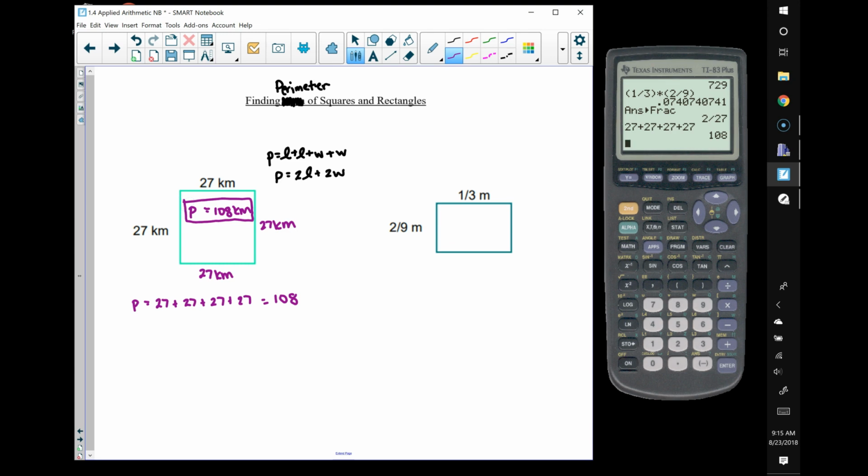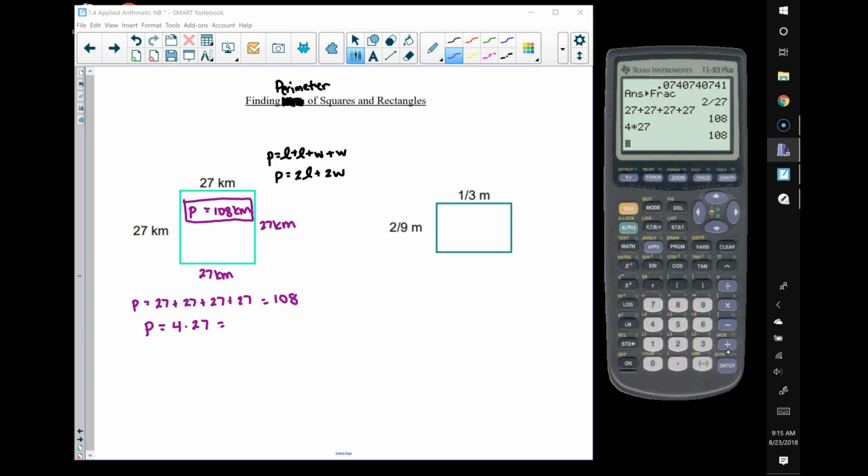Now, if you're someone who does not want to put that many numbers in a calculator, you could recognize that since there are 4 27s here, you could turn that into 4 times 27. I won't do parentheses because I think parentheses freak you out. And you'll get the same result. You're just saving yourself some steps.